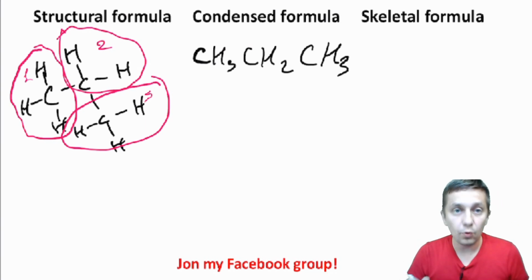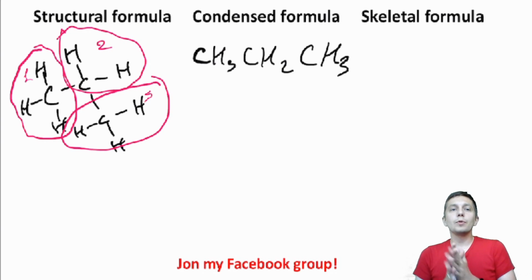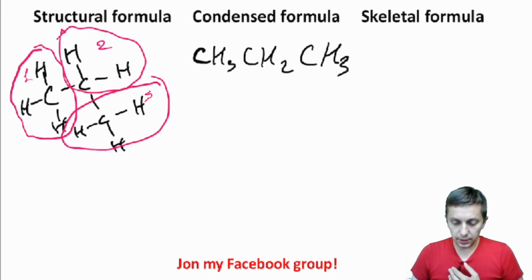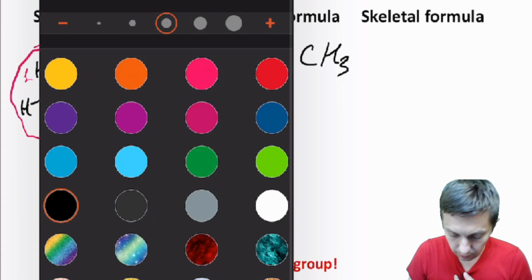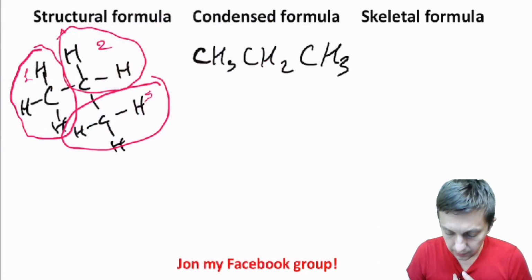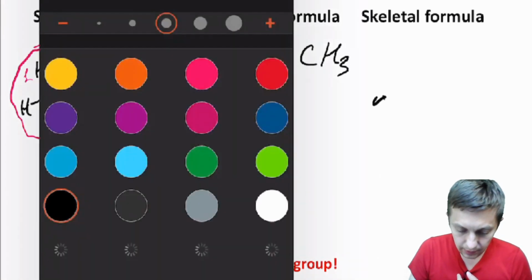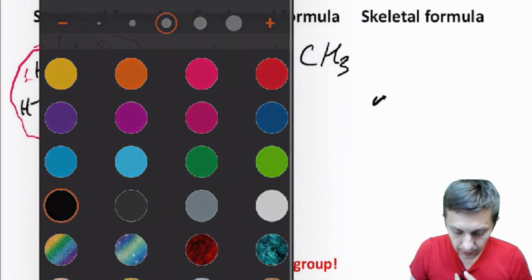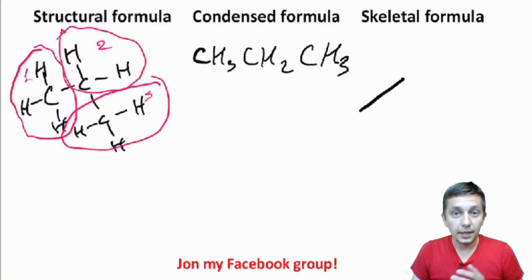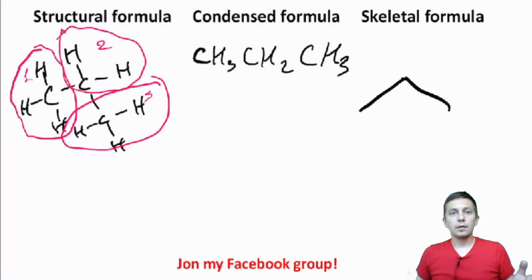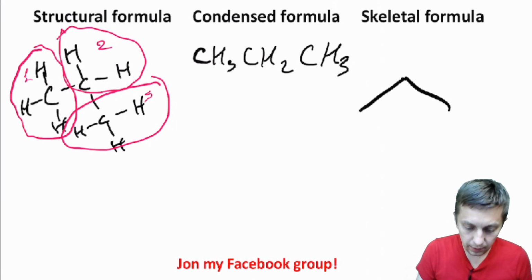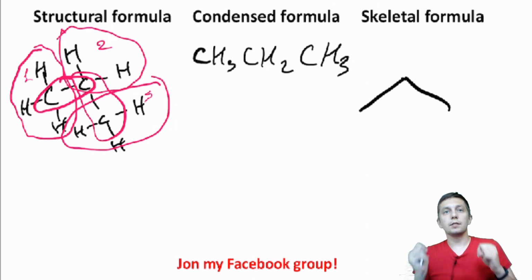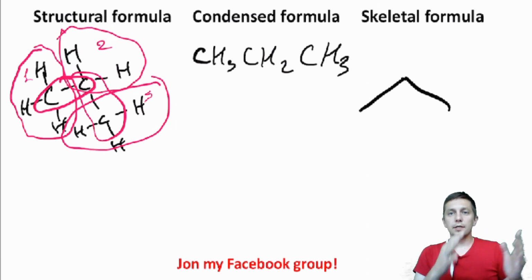In the skeletal formula, we show only carbon-carbon bonds. We have only 2 carbon-carbon bonds, and each angle is a carbon atom. So structural, condensed, skeletal.